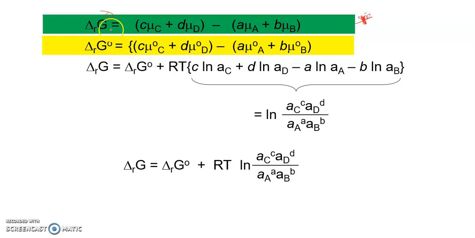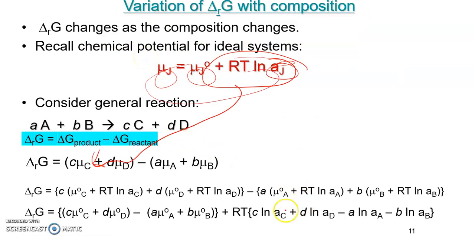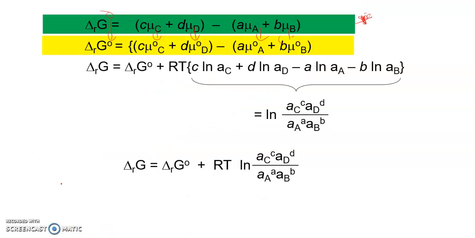So we replace it and simplify it, and it becomes delta Rg naught. So here we have delta Rg equal to delta Rg naught plus RT times C ln AC plus D ln AD minus A ln AA minus B ln AB.